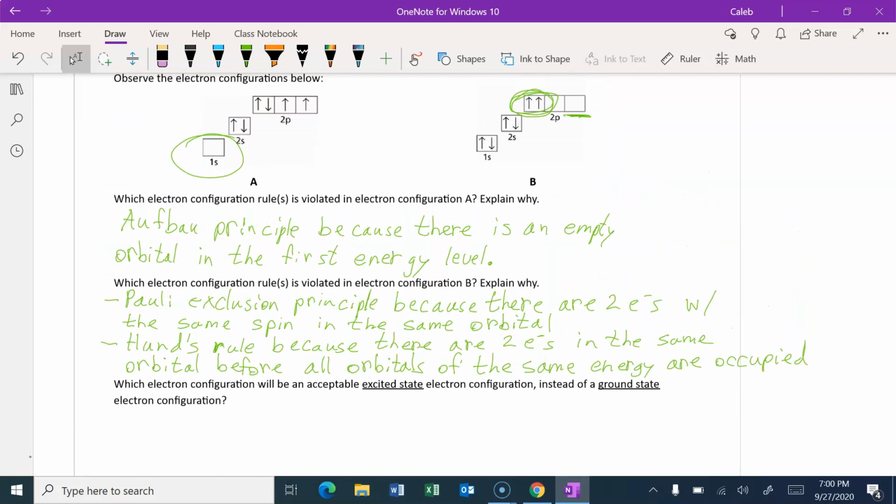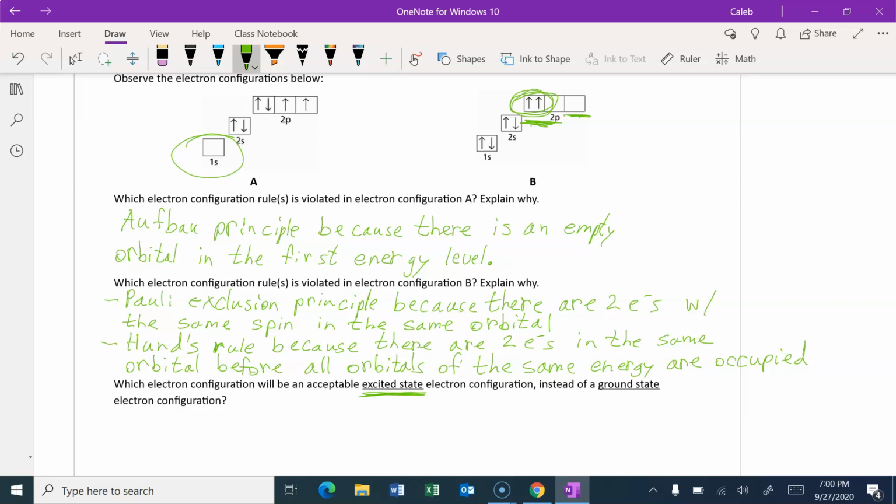Which of these electron configurations would be an acceptable excited state electron configuration instead of a ground state electron configuration? Well, this rule basically just never happens. But in an excited state, what happens is we have electrons moving from a lower energy state to a higher energy state.